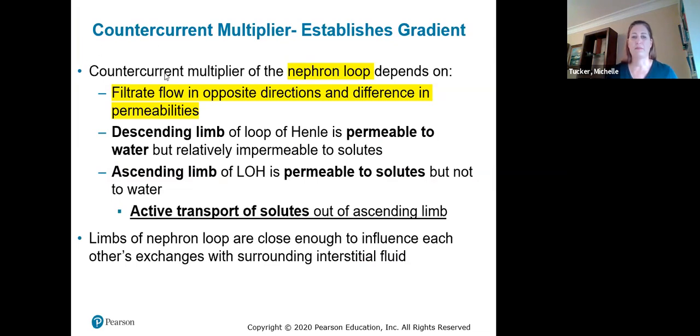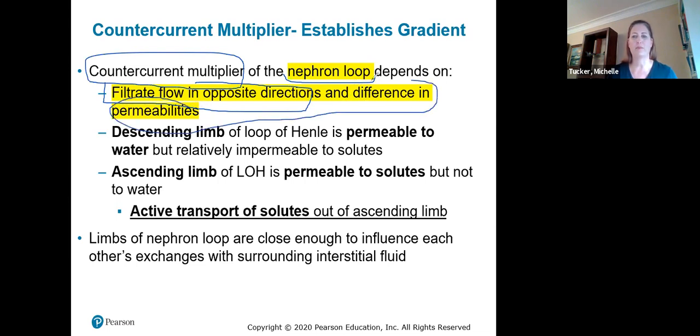The countercurrent multiplier of the nephron loop depends on 2 things. When we're talking about the countercurrent multiplier, the structure, the anatomy, is the loop of Henle in juxtamedullary nephrons. The 2 factors that create this gradient are filtrate flow in opposite directions as well as differences in permeability.